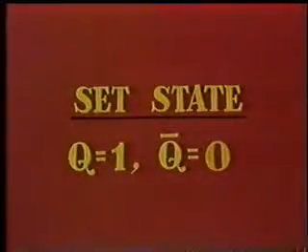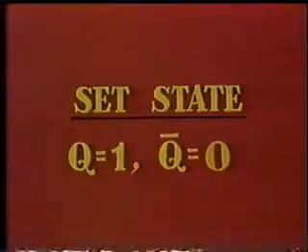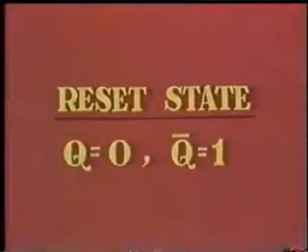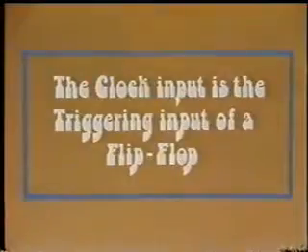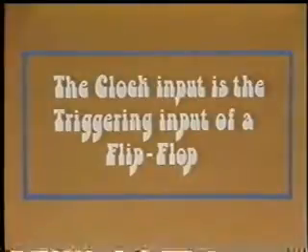A flip-flop is said to be in the set state when Q is equal to 1 and not Q is equal to 0. On the other hand, it is said to be in the reset state when Q is equal to 0 and not Q is equal to 1. The clock input synchronizes the action of flip-flops.